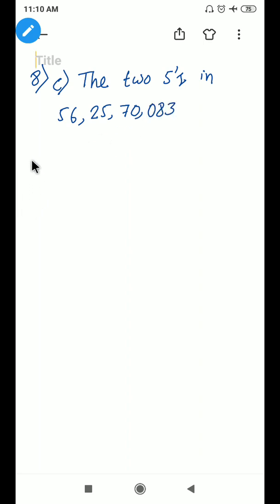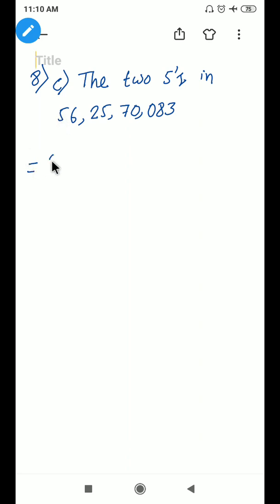So what to do? Firstly you have to find the place value of this 5, then the place value of this 5. Then after finding the place values of these two 5s, you have to subtract those place values. Clear?